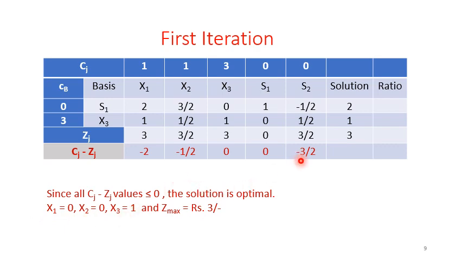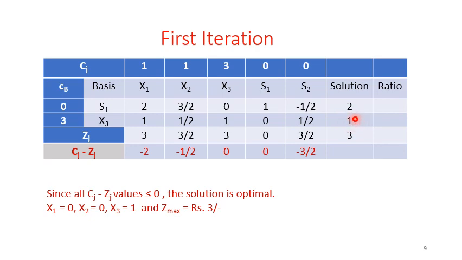Once you have confirmed that Cj minus Zj values are all less than or equal to 0, for a maximization problem the solution is optimal. Then you look into the basis, and you can see that out of the 3 decision variables x1, x2, x3, only x3 appears in the final solution, and x3 has a value of 1.